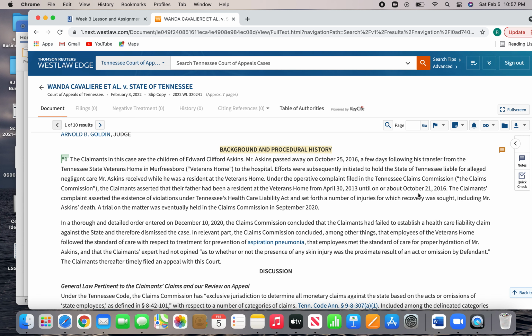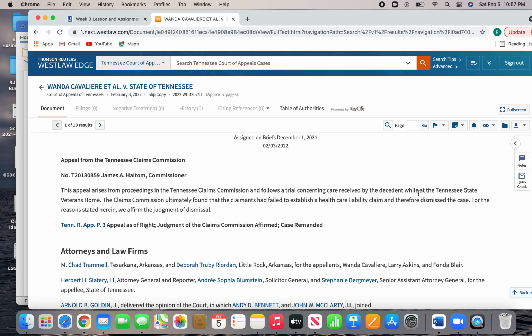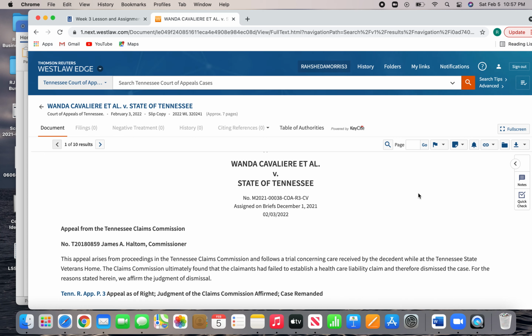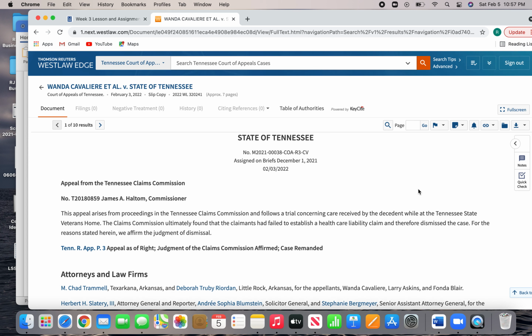In the midst of the case being heard, they ruled in favor of the state of Tennessee, showing that they did act with reasonable care to take care of their father, to the best of their ability, and within legal and reasonable standards. They did all that they could do, but the father still died.